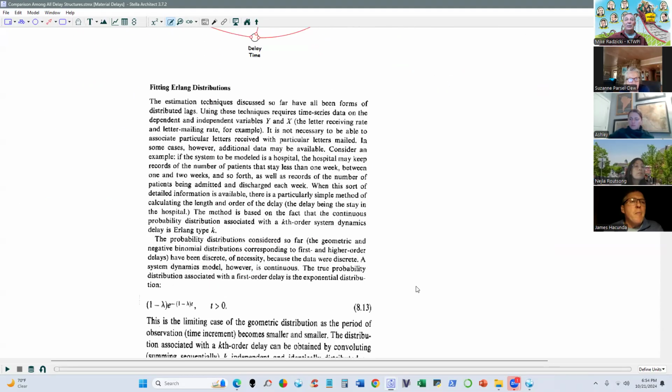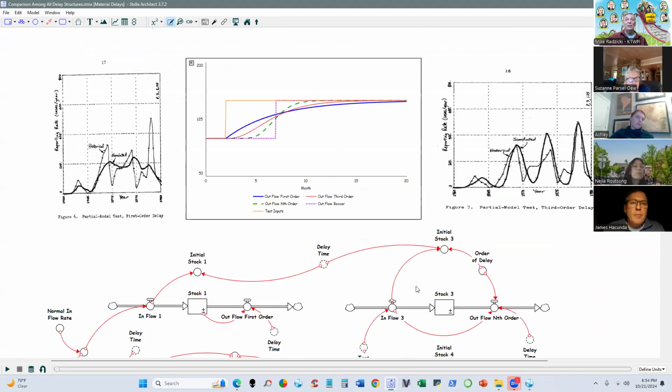We didn't go back up. You're scrolling down too fast. So here we are. Here's what you want to remember. Jack Homer's paper, right? This is from his dissertation model of the diffusion of new medical technologies. Notice he had a first order delay here, and he said it's not really fitting the data very well.